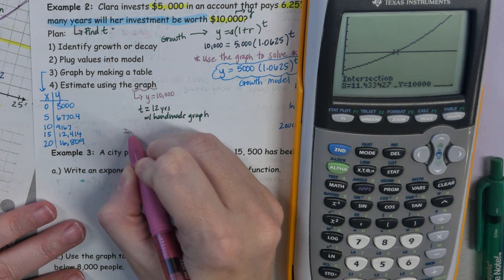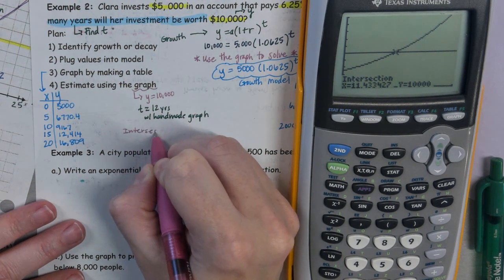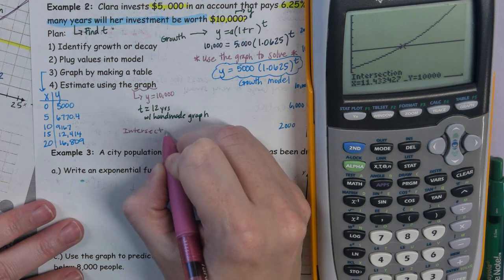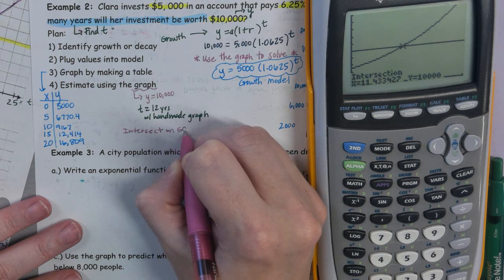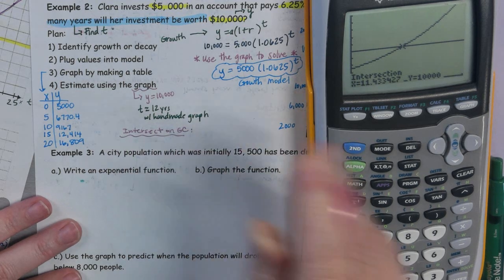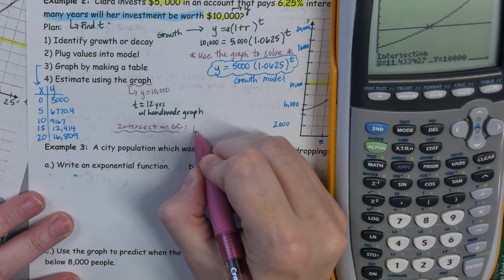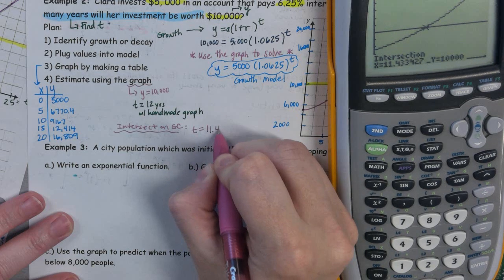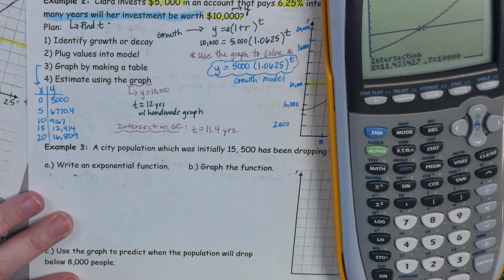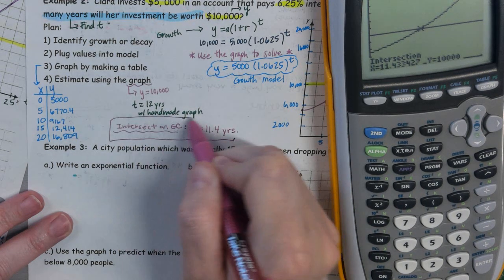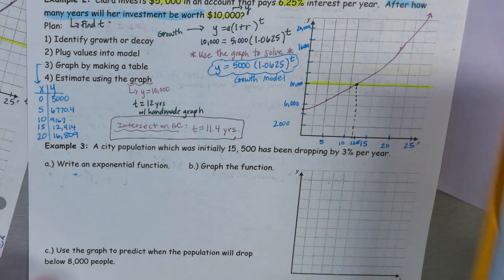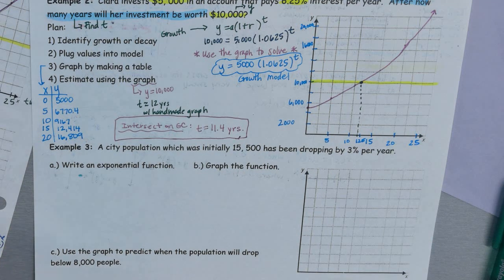So really, our handmade graph was not too far off. So intersect on the graphing calculator is going to give you the time is 11.4 years. Okay? So I do want you to use that feature.